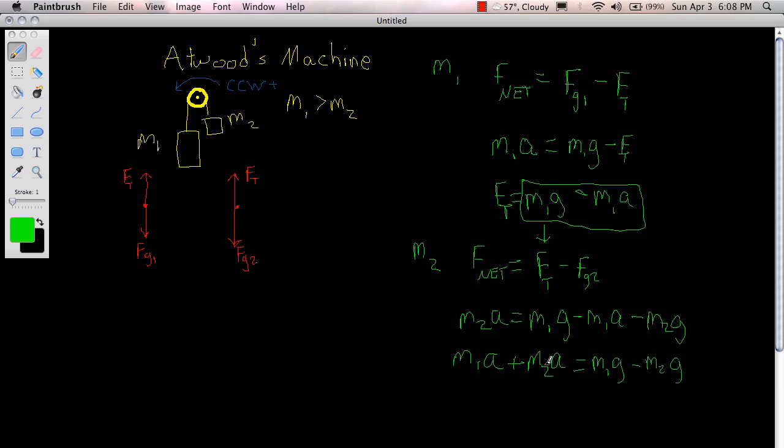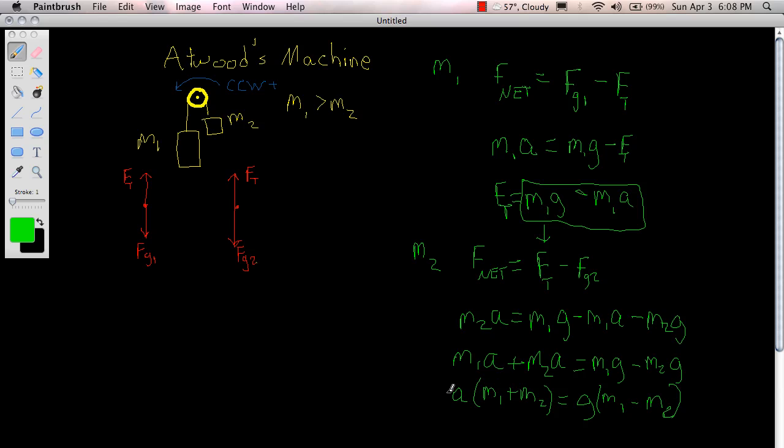I'd like to factor out a and g just to simplify things a bit. So I get a times (M1 plus M2) is equal to g times the quantity (M1 minus M2).